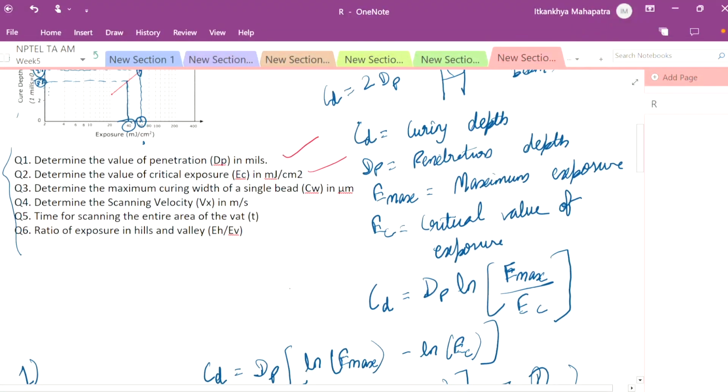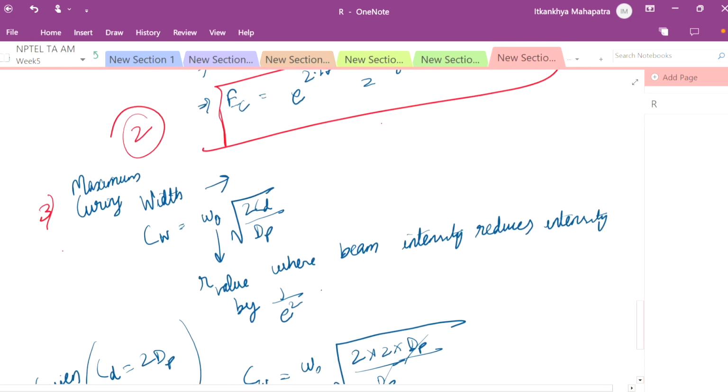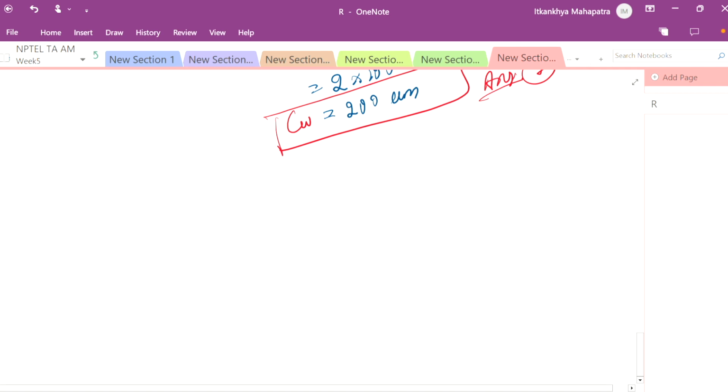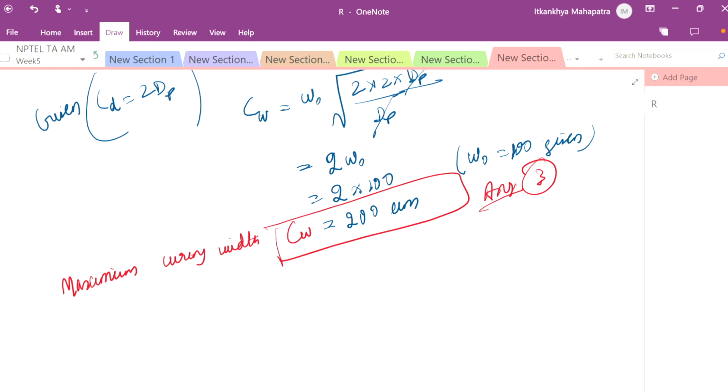We now found out the maximum curing width of a single bead in micrometer.